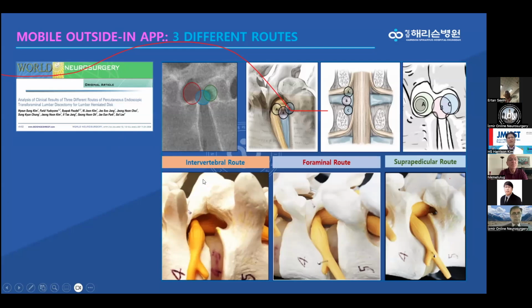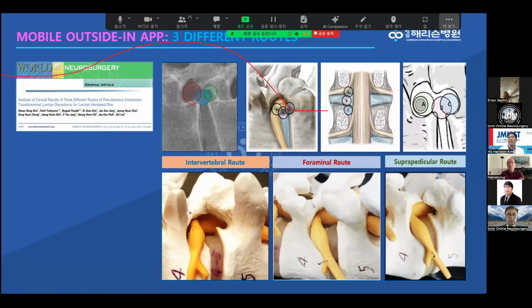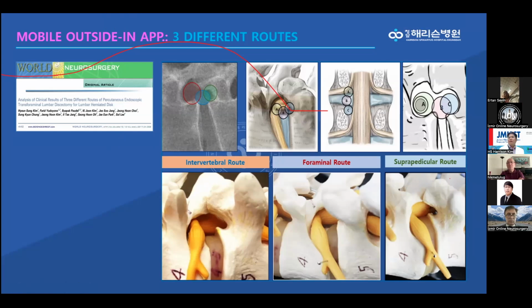Here I mentioned that in the transforaminal area there are three different routes: the intervertebral route here, the foraminal route here, and the suprapedicular route here.